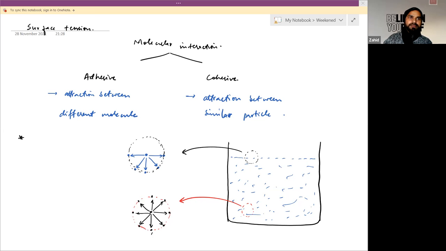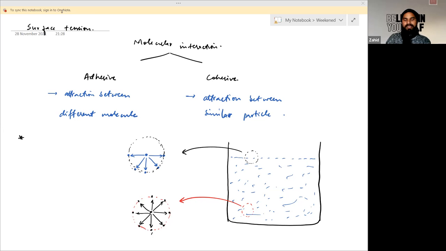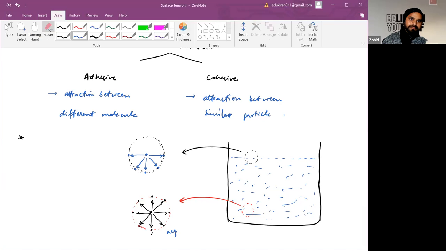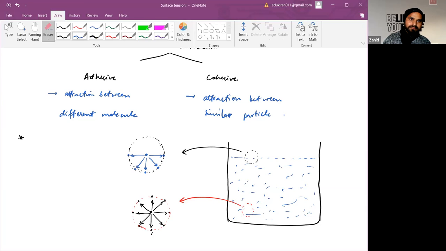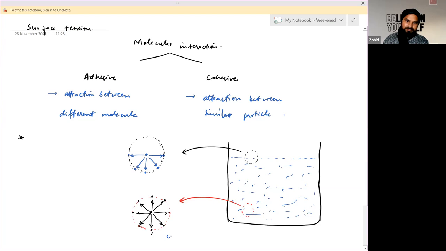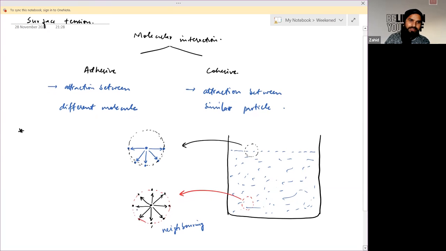Okay, let me describe once more. I have taken a particle well inside at this particular point and defined all its interactions with its neighboring particles. So these are all its neighboring particles, and this interaction is cohesive interaction.